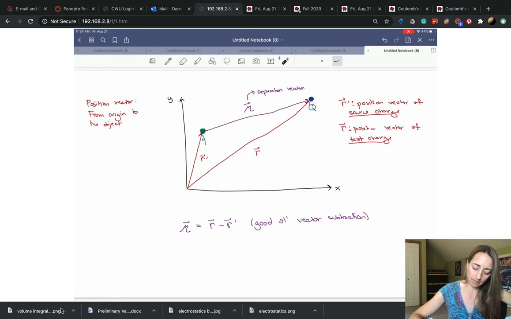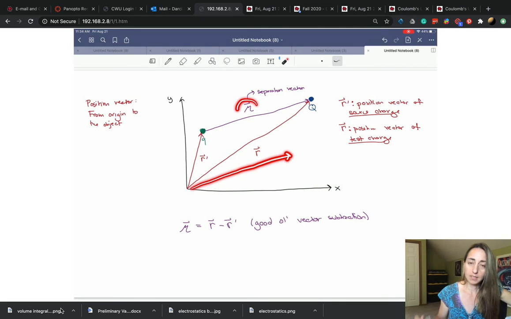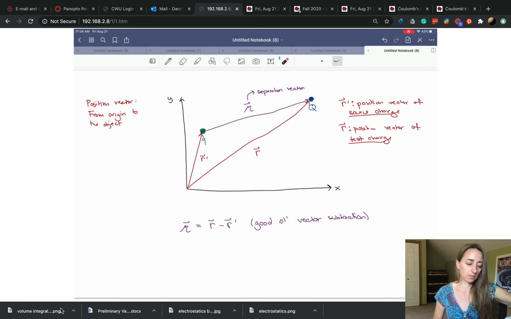So the negative of the r prime vector added to the r vector is going to look something like that. I'm going to just draw it temporarily here. So remember where that vector is. And if I were to draw the resulting addition of those two vectors, it would look something like that, which is approximately, just kind of eyeballing it, the same as our separation vector. So our separation vector is a result of vector subtraction of the position vectors of our source charge and our test charge.